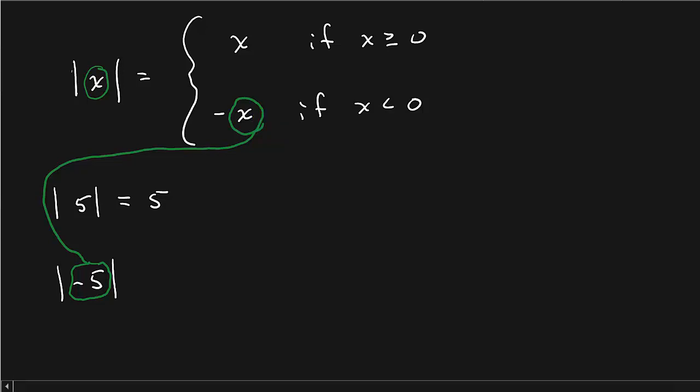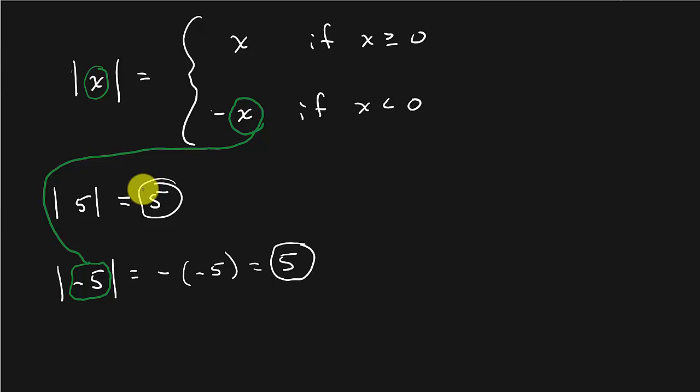So look at this. We've got the negative, so we're going to write that down, the negative, and now we're going to take the negative 5 and put it in the place of x. So in the place of x, I'm putting negative 5. And what's a negative and a negative? That is a positive. And so there's the absolute value, looking at it as its piecewise defined function.